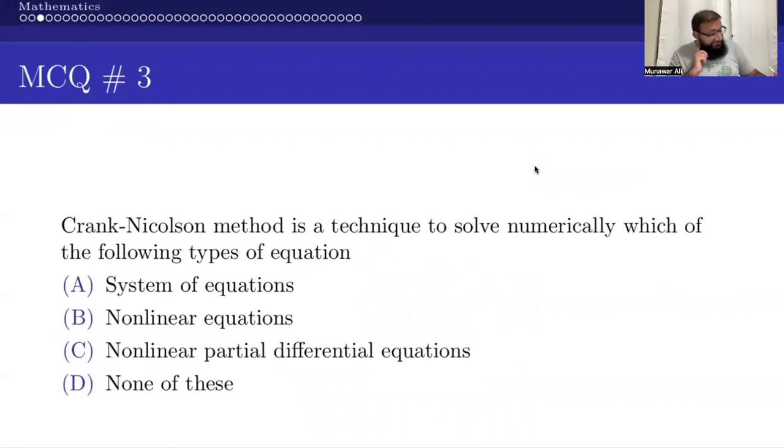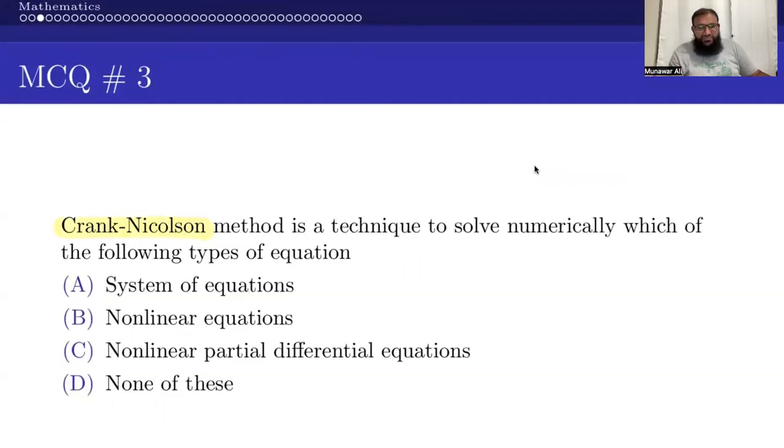MCQ number 3. There's a method that is used to solve some sort of partial differential equations, which is called the Crank-Nicholson method. I'm not going to discuss what the method is, how it is applied, and what the technicalities in the method are, because that would be an in-depth analysis.